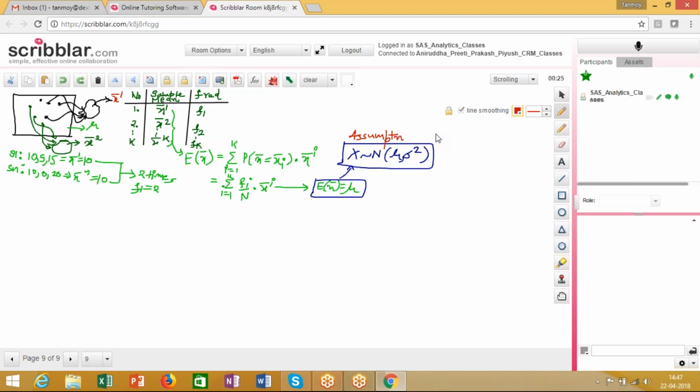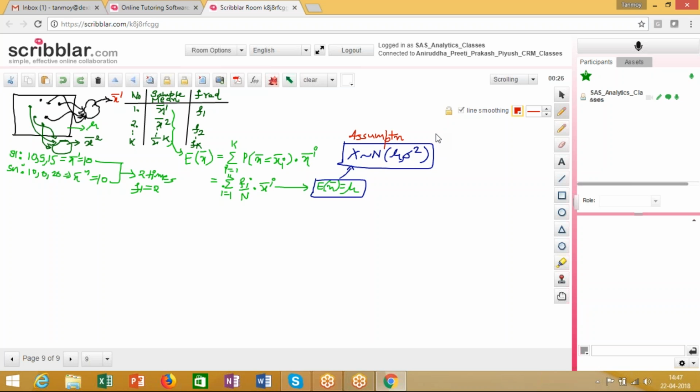Now, having seen that, what do we do next? One thing that we can see is that this X bar itself has a mean. If I'm computing the expectation of X bar, that is, the expectation for the distribution of X bar, then expectation of X bar has a definite value which is equal to the population mean.